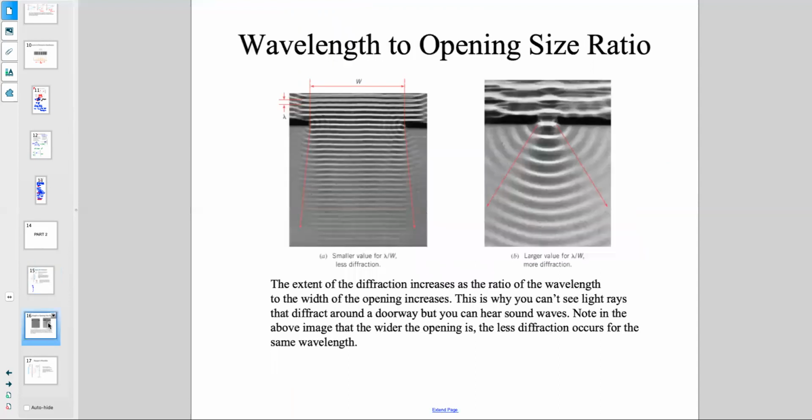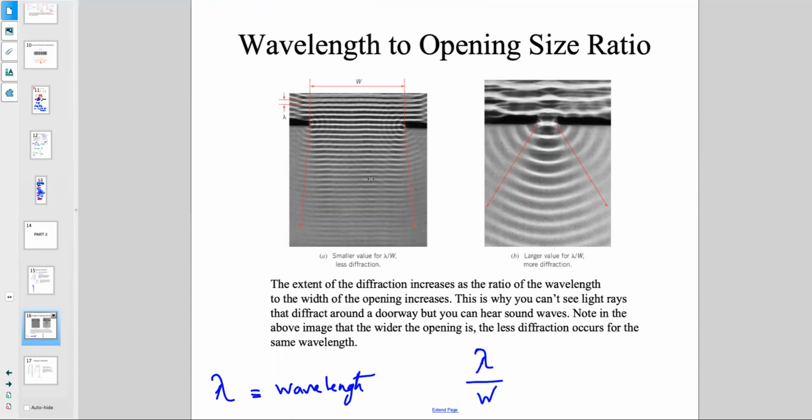There is a very interesting ratio between the wavelength and the doorway size. If we consider the doorway size to be W, and lambda is the wavelength, then if you consider the ratio of lambda over W for small values, we have something like this.